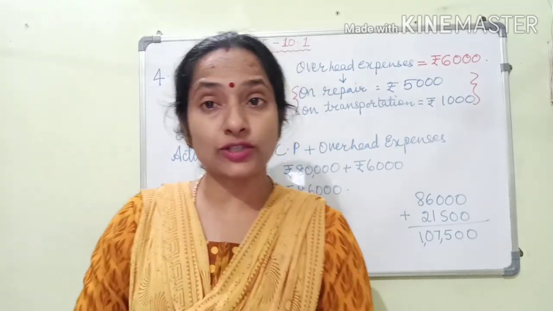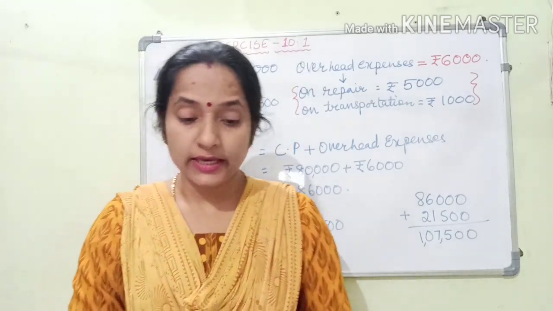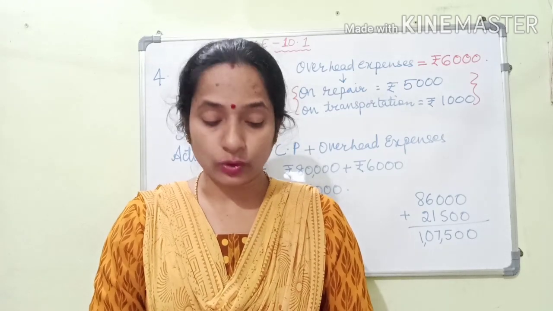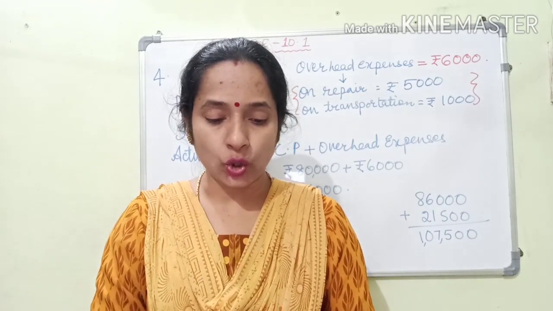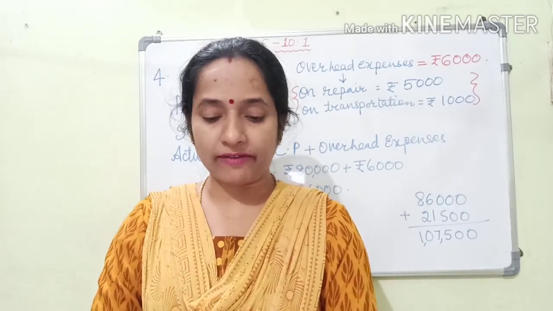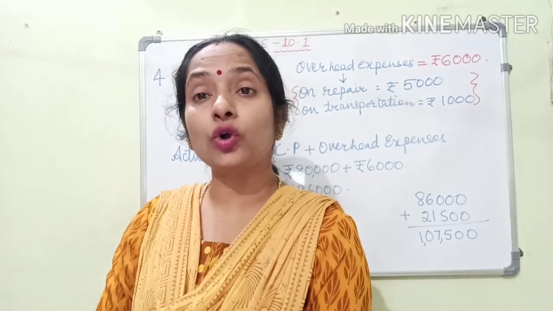Question number 7 is also homework for you because it is also a direct question which you can solve by applying a formula directly. The 7th question is: Ramita sold a washing machine for rupees 9,500 at a loss of rupees 700. What is the cost price?